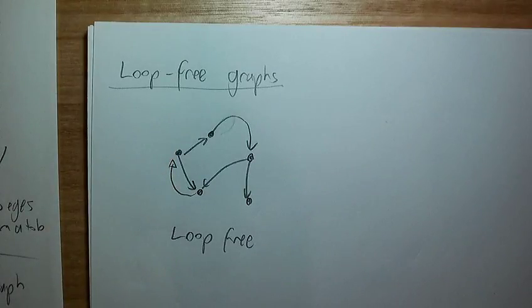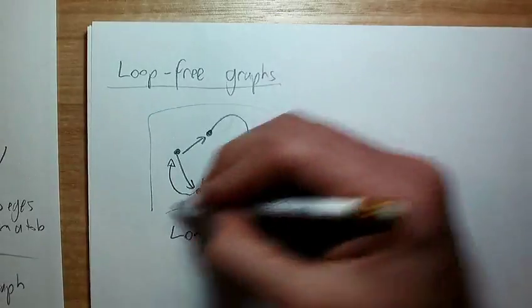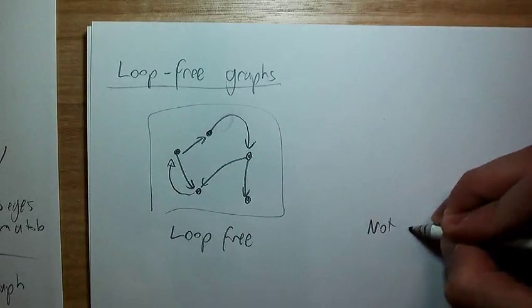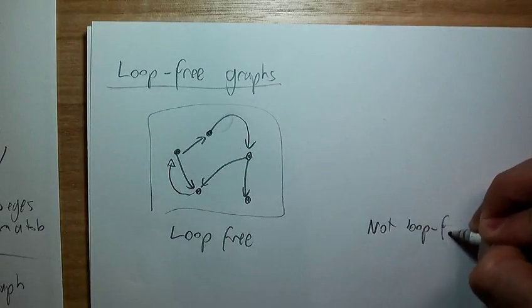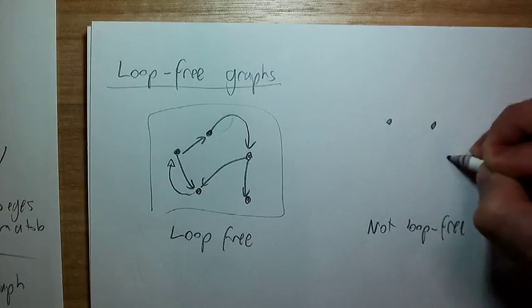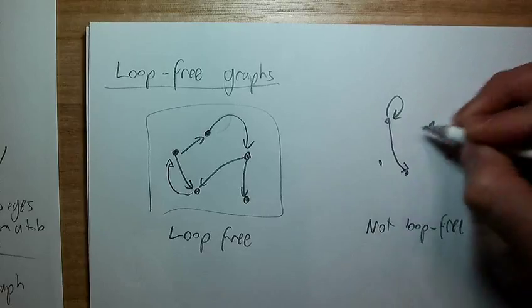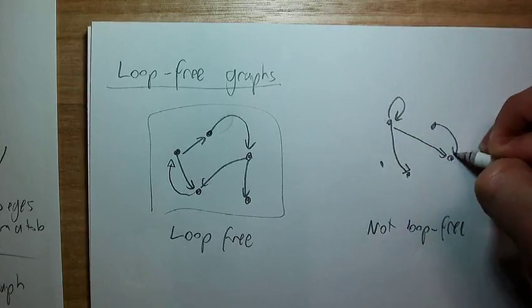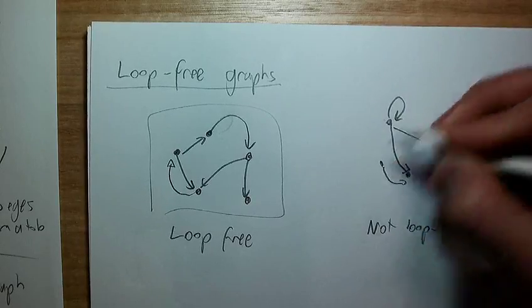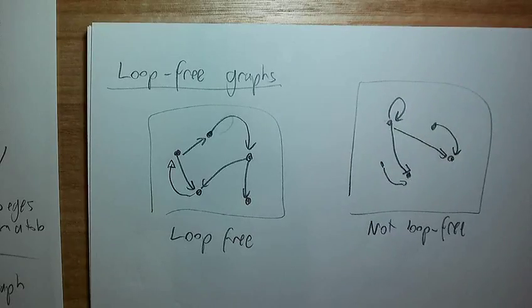So this has got no loops, and this one's not loop-free, because it's got a loop in it. It only has to have one loop in it to not be loop-free. And so this thing here, this is a loop.